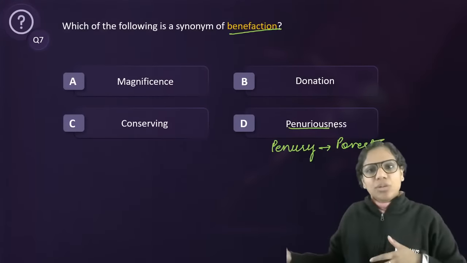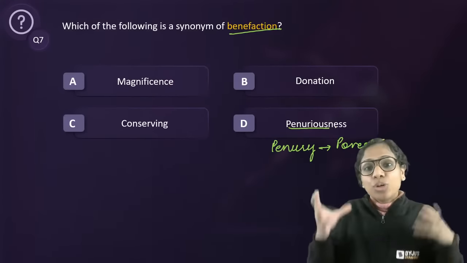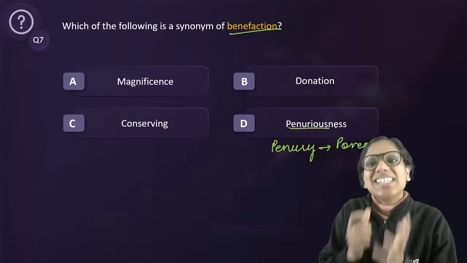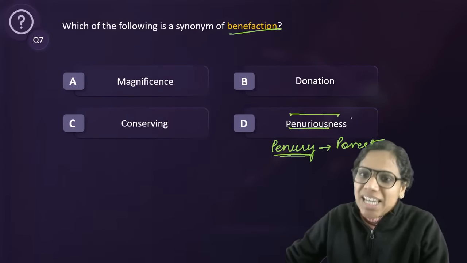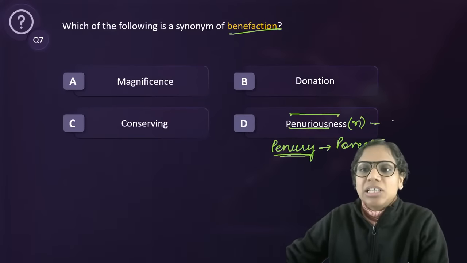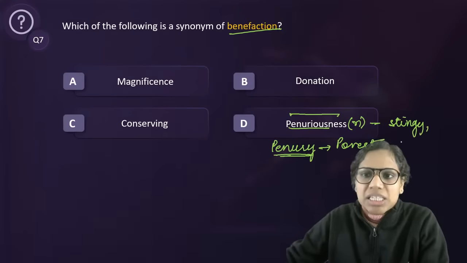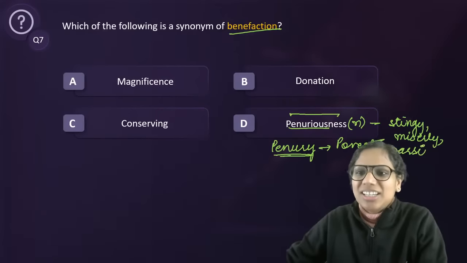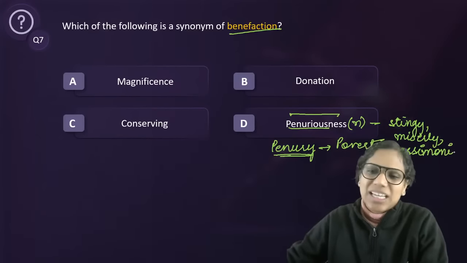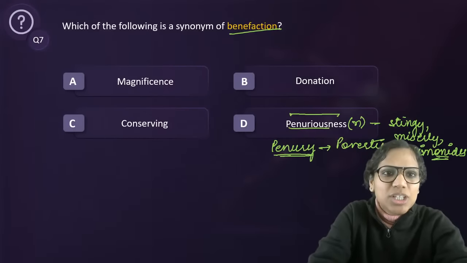Moreover, while penury is related to poverty, penuriousness is related more to stinginess. As a noun, it means the quality of being stingy, miserly, parsimonious, penny pinching, close fisted. A lot of synonyms for this word. That is what penuriousness means, the quality of being all these things.